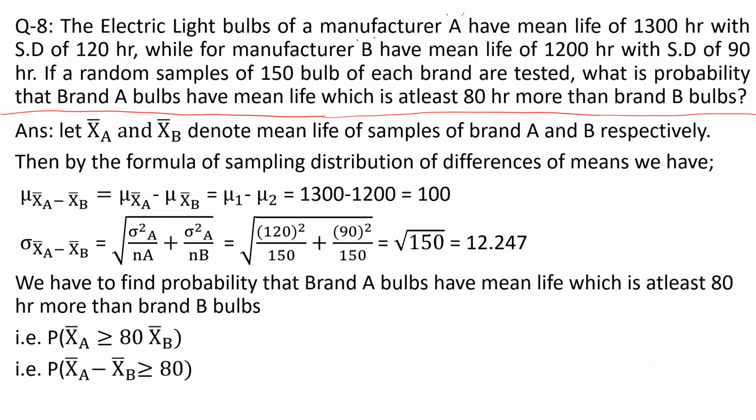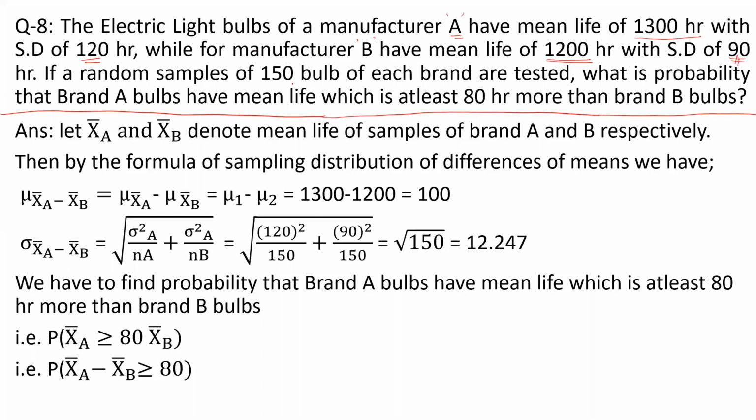So this electric light bulb has a mean life of 1300 hours for manufacturer A with standard deviation of 120 hours, and for manufacturer B or company B, the mean life of the bulb is only 1200 hours and standard deviation is 90 hours. So this data is given.